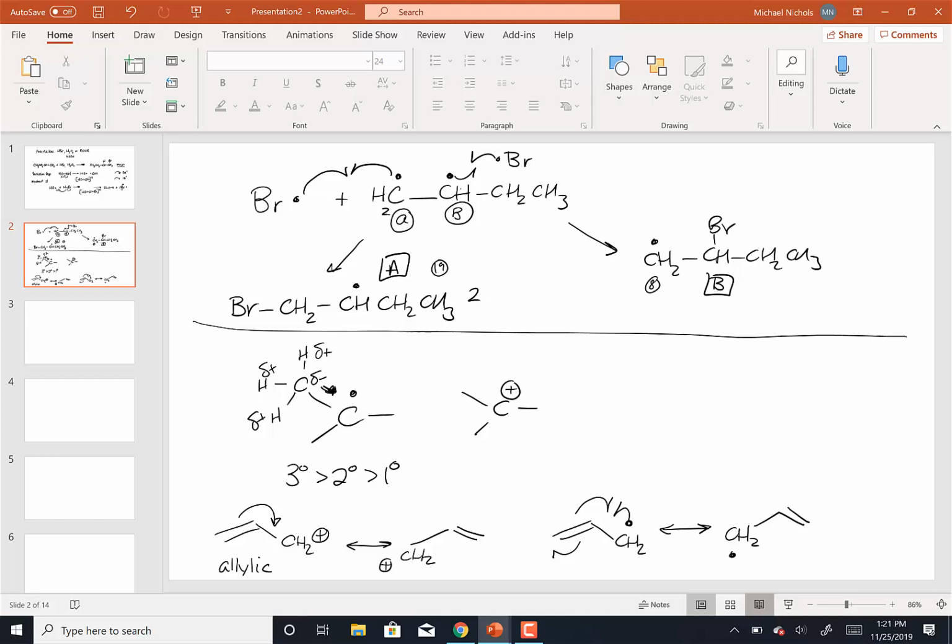Okay, stop there. So what kind of radical is this? It's secondary. What kind of radical is B? Primary. Which radical is more stable? Secondary.